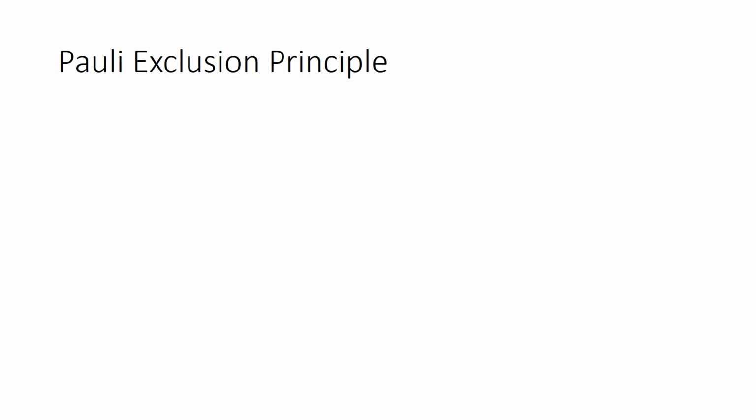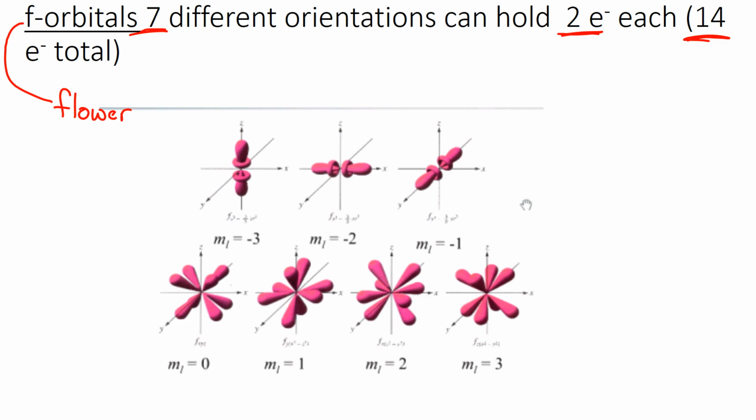All right. So we talked about Aufbau. Aufbau says we fill 1s before we fill 2s, before we fill 3s, before we fill 2p, then 3s, 3p, and so on. The next rule is Pauli.